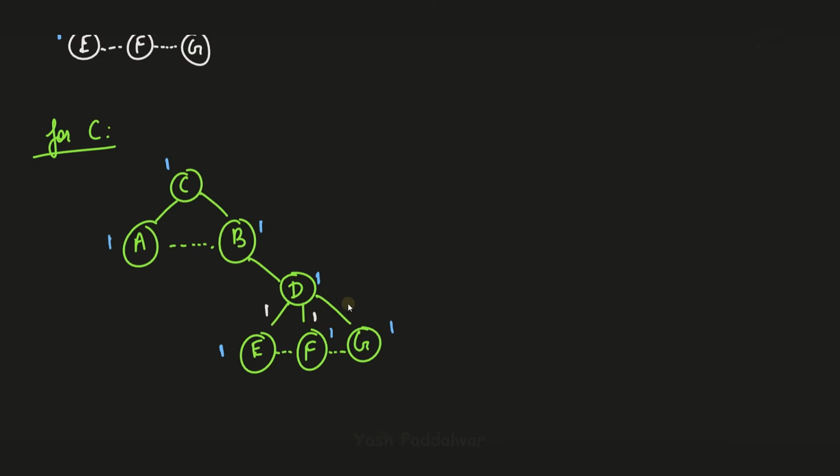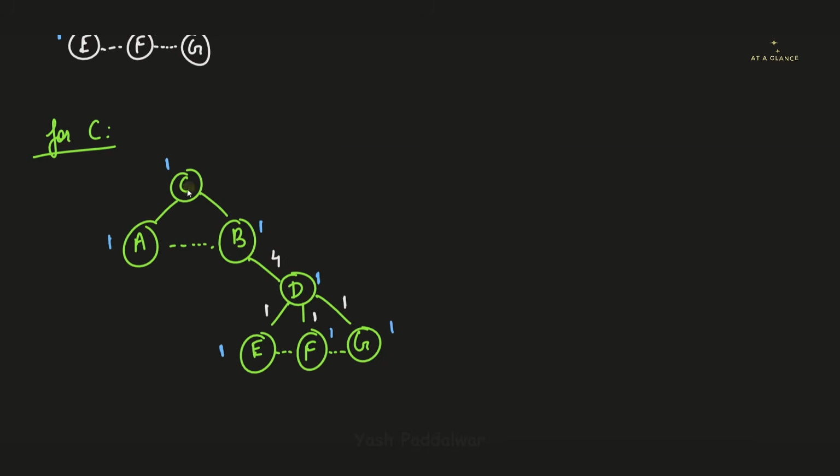Similarly for DF it is 1, for DG it is 1. Now for BD, since B is a non-leaf node, if you remember, for a non-leaf node we have to consider the child node edges. So over here we have to add all the edges, that is 1 plus 1 plus 1, and we also have to add the node weight of the node D, that is 1. So 4 is the answer. So the BD weight is 4.